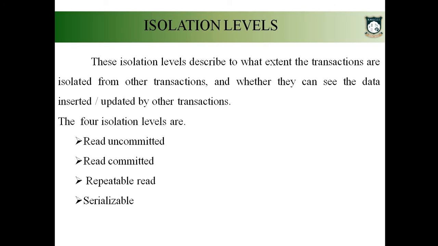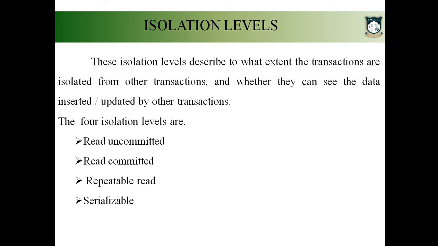The first one is read uncommitted. This is the lowest level of isolation. When the isolation level is read uncommitted, a transaction can read a value that is written by another transaction which is an uncommitted value.